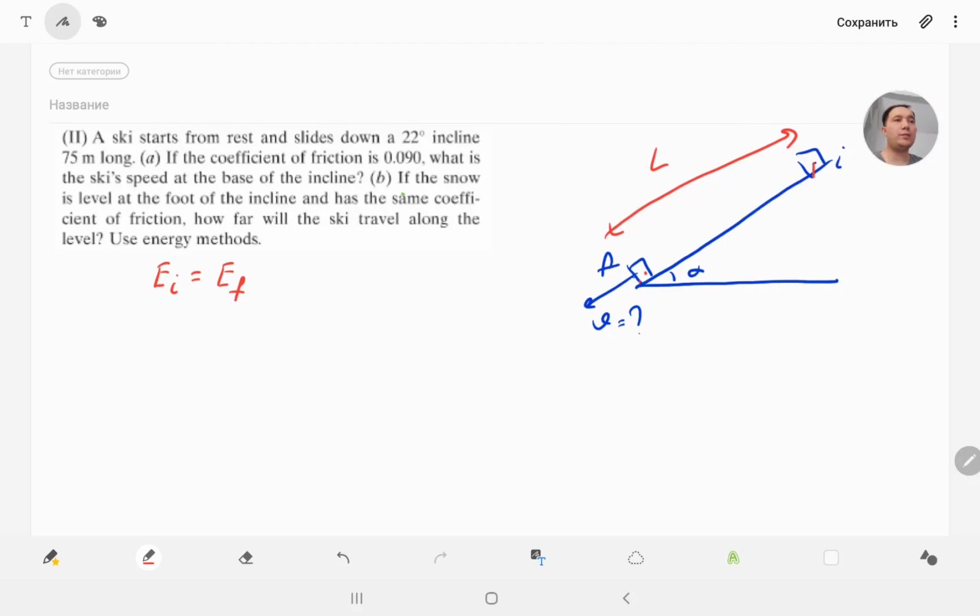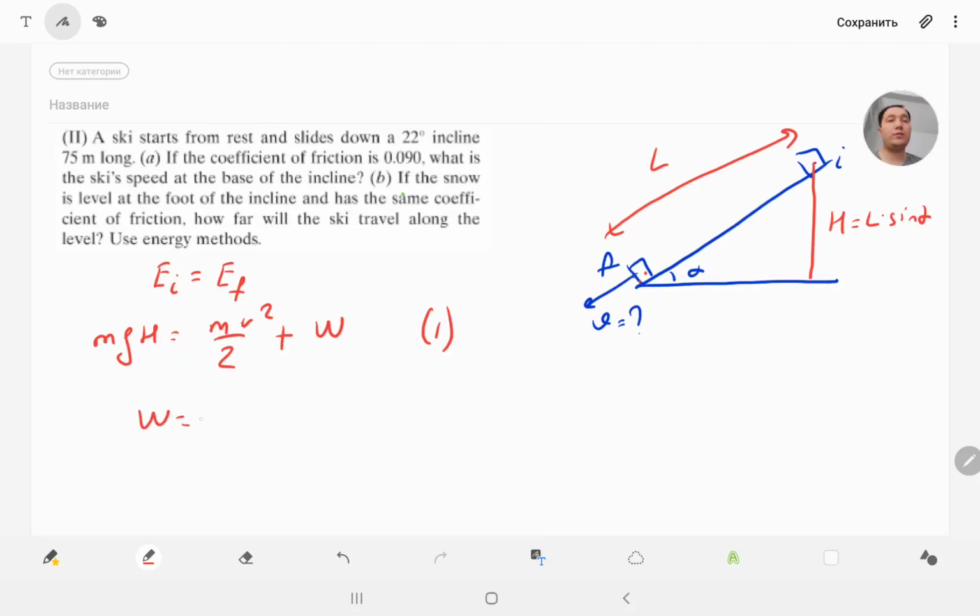There is only height h, which is equal to L times sine alpha. So we have only potential energy, mgh, at the beginning. Finally, it will be moving with a certain velocity, so there is kinetic energy, plus, of course, there is a friction force. That's why some amount of energy will be lost due to the work done by the friction force. So this is the first equation.